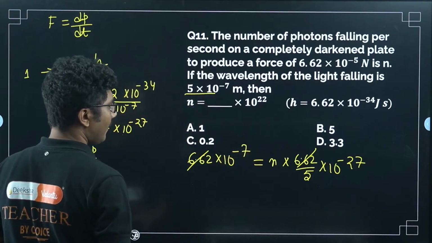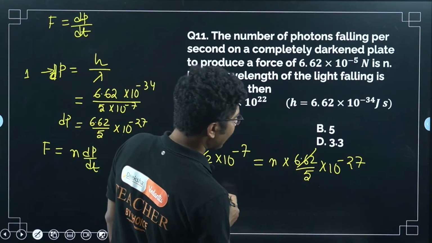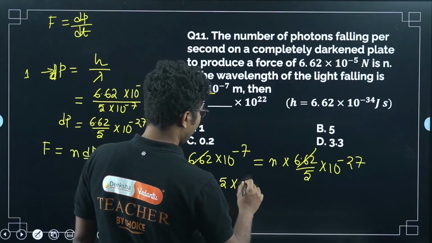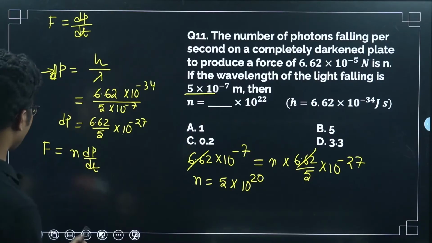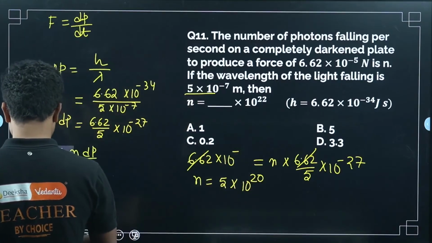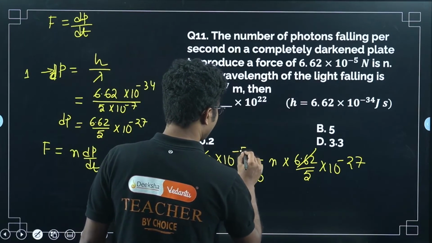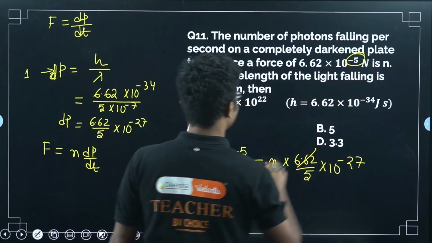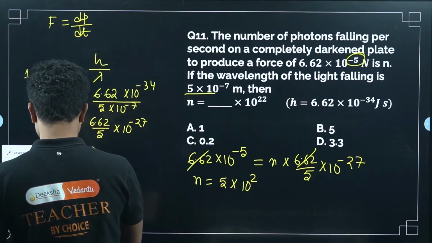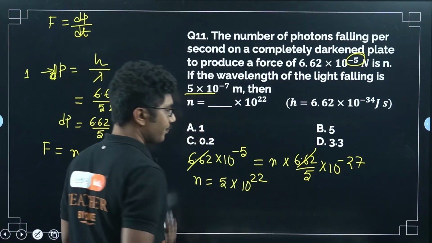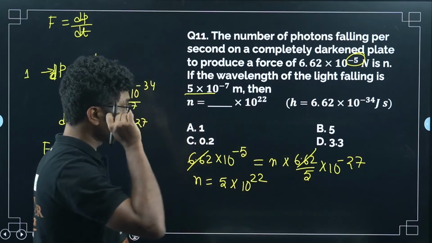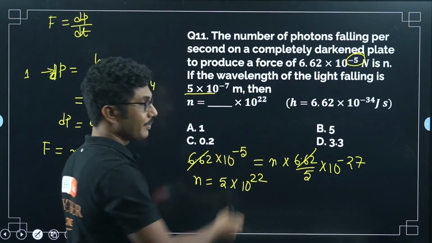So you can write this as n equals 5 times 10 to the power of... sorry, this is 10 to the power of minus 5, right, 10 to the power of minus 5 was here. And then we can write this as 5 times 10 to the power of 22. This will come on that side so it will become plus, and this was in the denominator, it will go up and it will become plus.